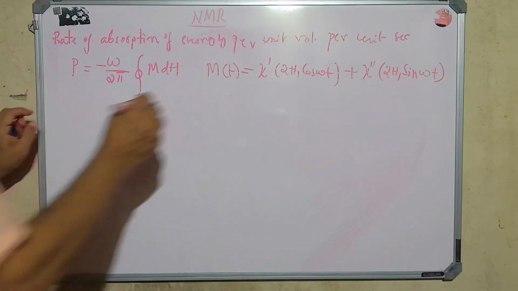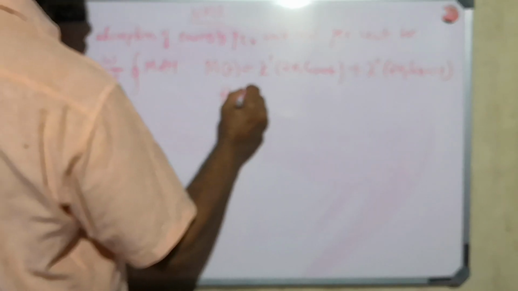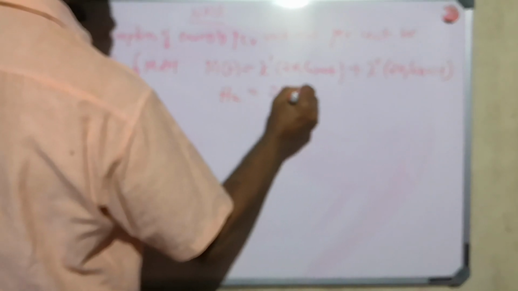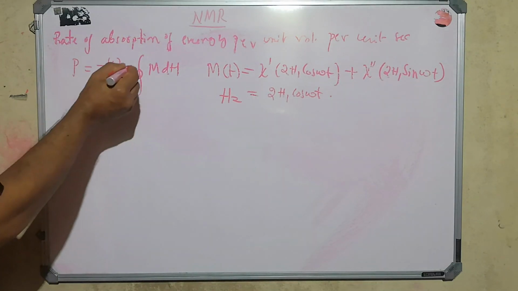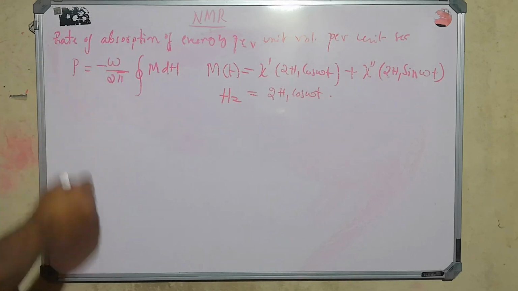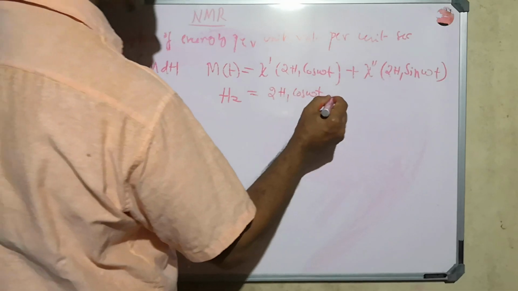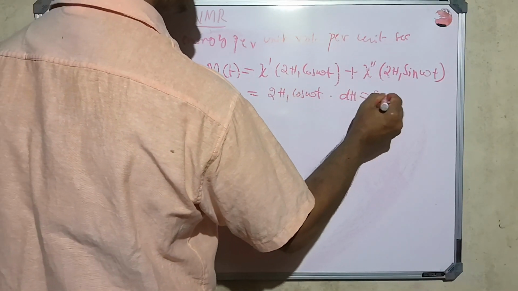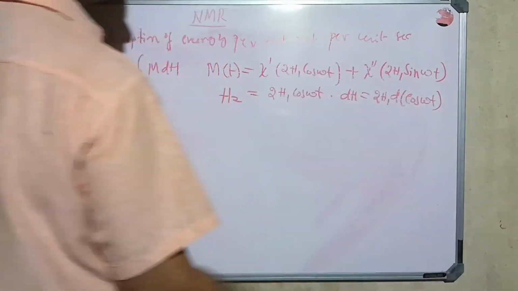And also the magnetic field is equal to 2h1 cos omega t. So now what we have to do is substitute the value for m and dH in this equation. If h is equal to 2h1 cos omega t, then you can write dH is equal to 2h1 d of cos omega t.